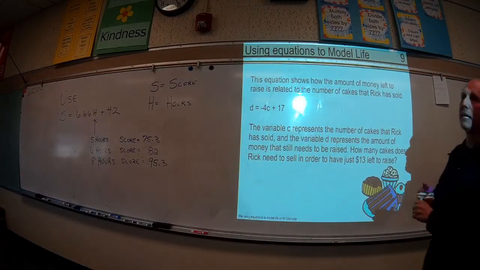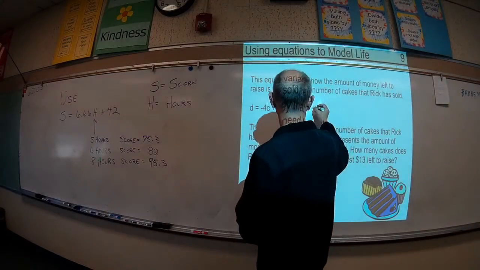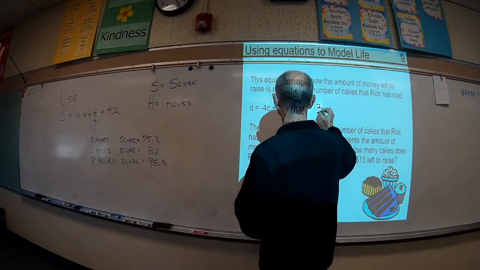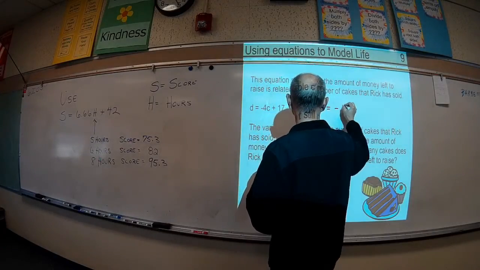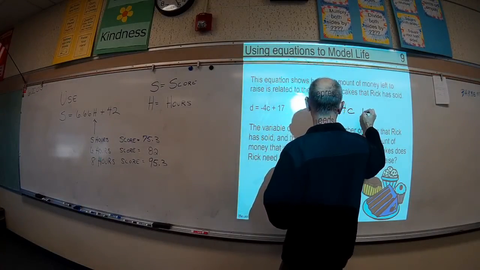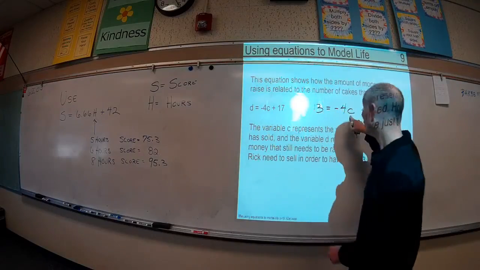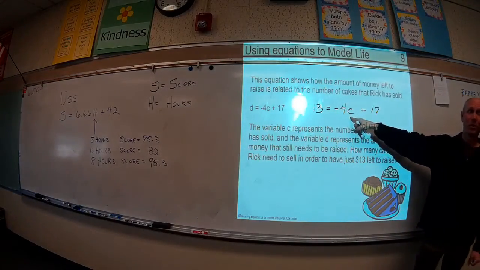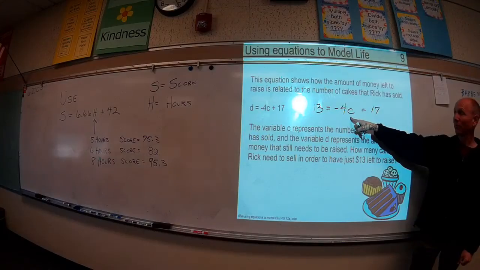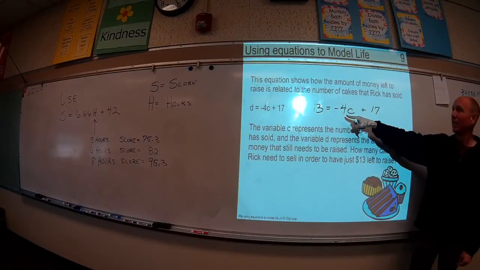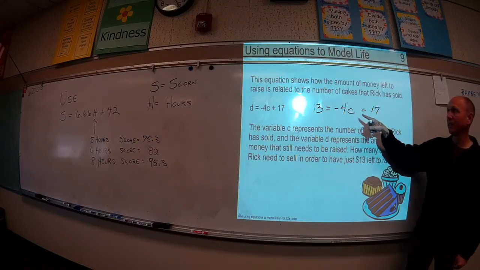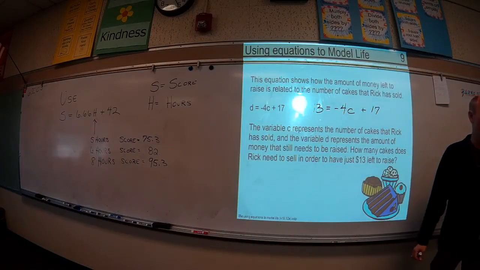What we're doing is we're putting in 13, and what we're looking for is this number. Pick a number, Dakota. -4 times 6 is -24. -24 plus 17 isn't 13, so that's not going to work.